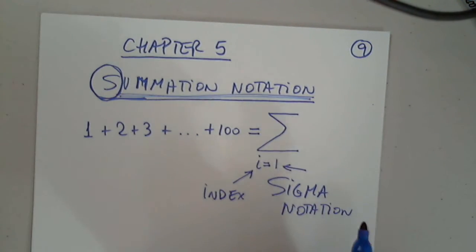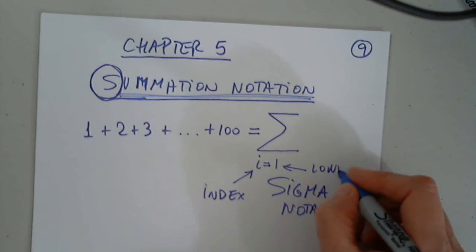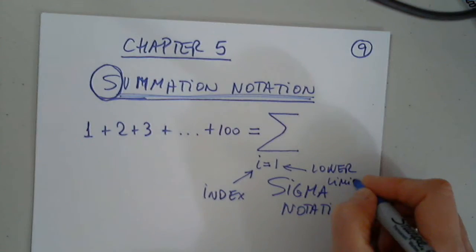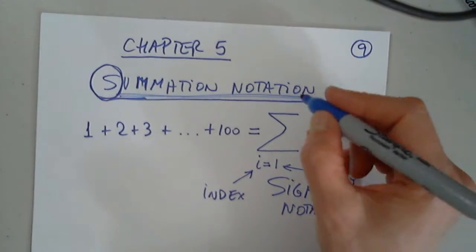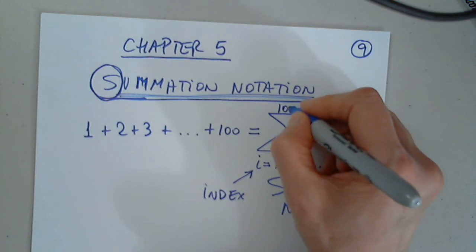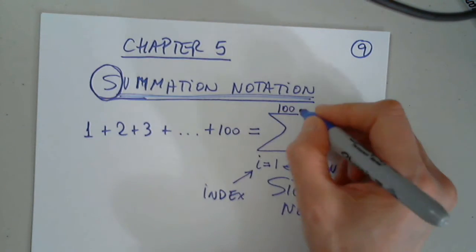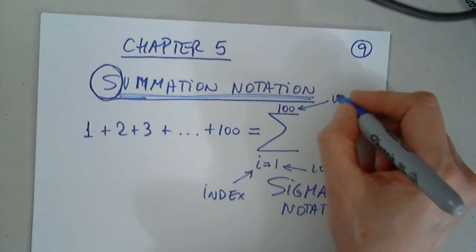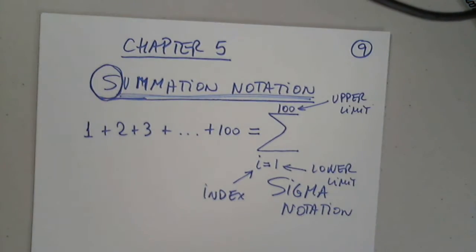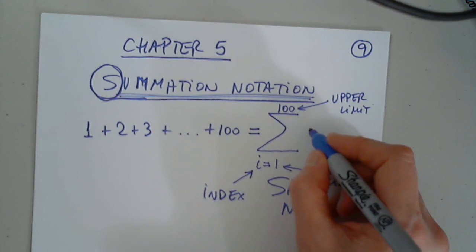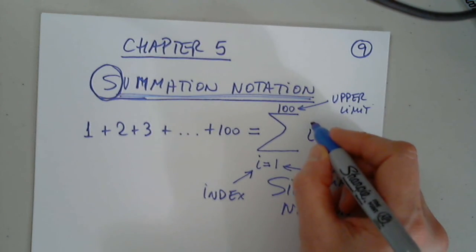This has nothing to do with the operator lim. So this is the lower limit of the index, or the summation notation, till 100, because that's where I have to stop. So this is the upper limit of this sum, and what I will put here is just simply i.